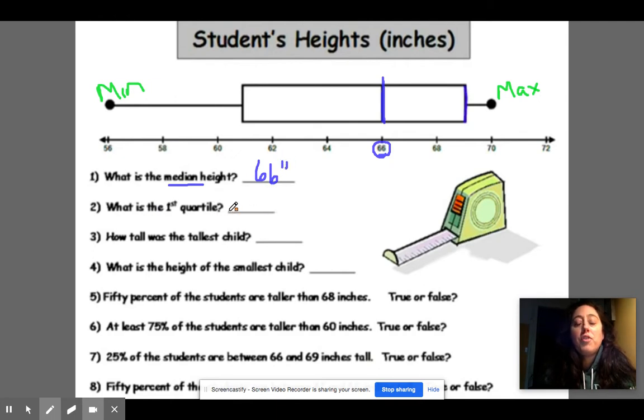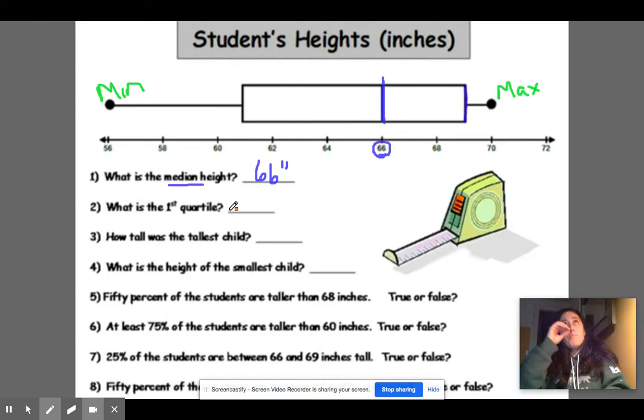Okay, the first quartile. The reason they're called quartiles is because you're taking the data set, say you have 15 numbers, and you're slicing it into 4 different sections. You slice it in the middle, then you slice the lower side in the middle, and the upper side in the middle. If you took a stick of butter, sliced it in the middle, and then sliced the upper and lower parts in the middle, you would end up with 4 different chunks.